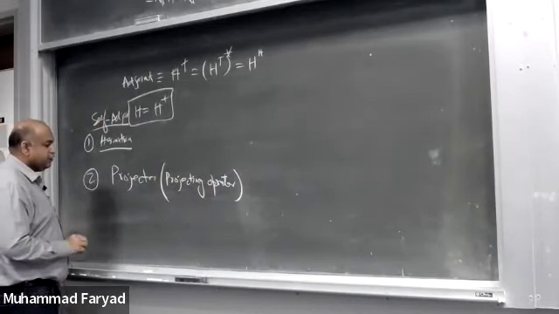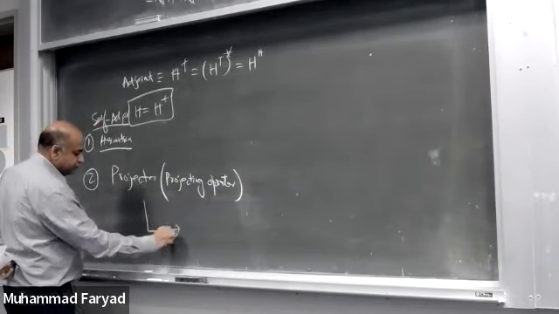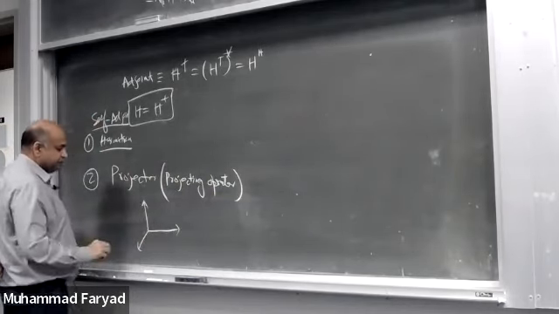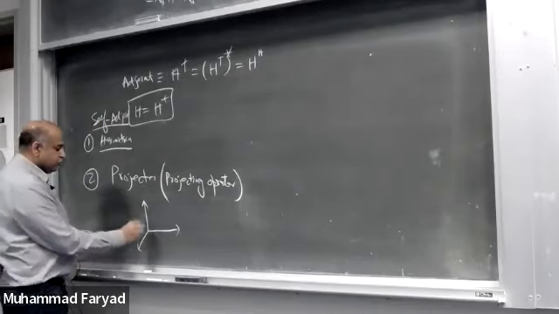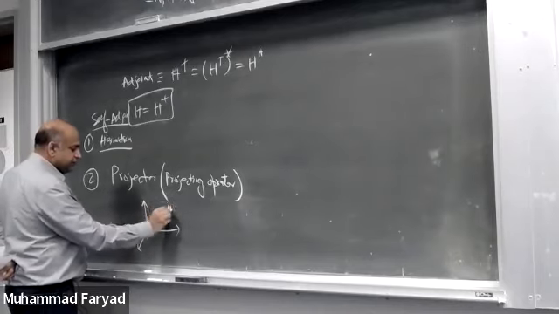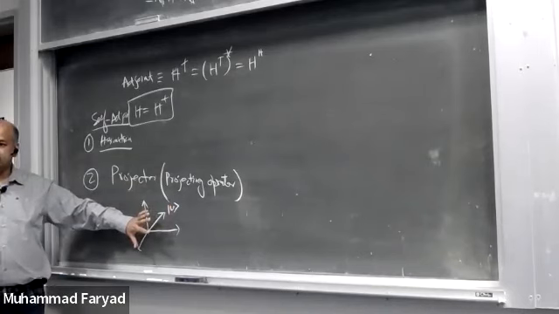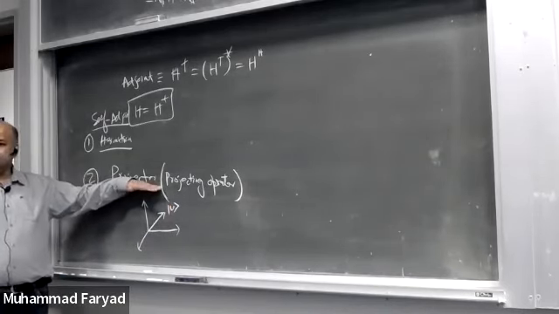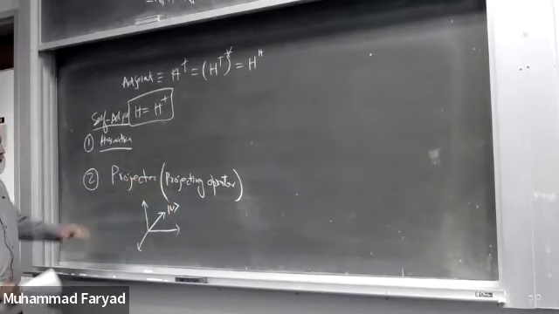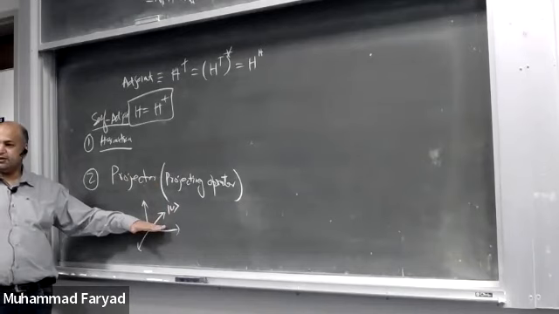So let me start with a geometrical interpretation first. Suppose you have a Hilbert space, which I'm now just drawing as a Euclidean space. So you have the state of the system somewhere in general, anywhere inside this vector space. A projector operator is a special operator which projects the vector into a subspace of this bigger vector space.